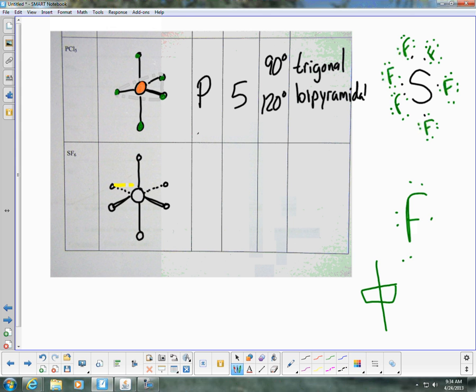This area right here is a square that is in a plane. Okay? So we're going to color our fluorines green, and our sulfur, sulfur likes to be yellow. So we're going to color it yellow. All right, central atom. Sulfur, how many bonds? 6. What is the angle?